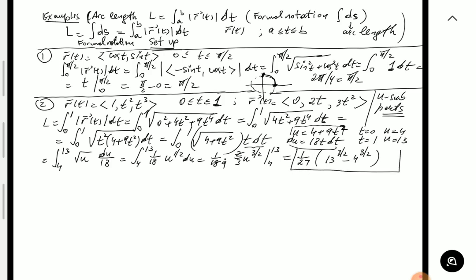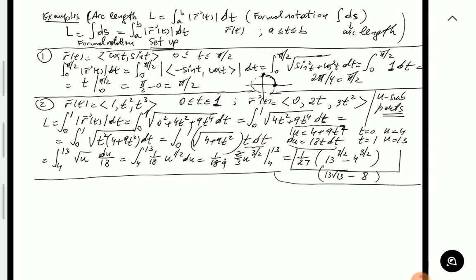Be aware that in the back of the books, sometimes you are given these quantities as, like, 13 square root of 13, and 4 to the 3/2 becomes the square root of 4 cubed, that's like 8. But you don't have to. I'm just making you aware that you may see the same answer in a different simplified form.